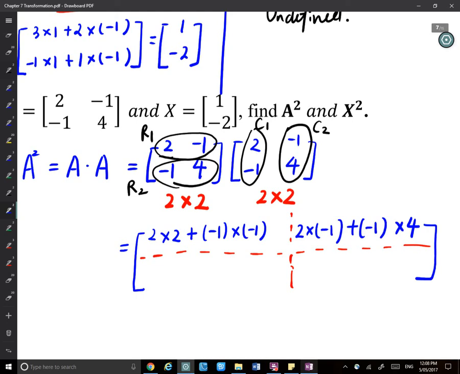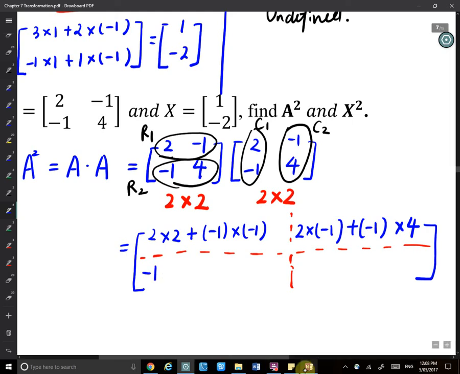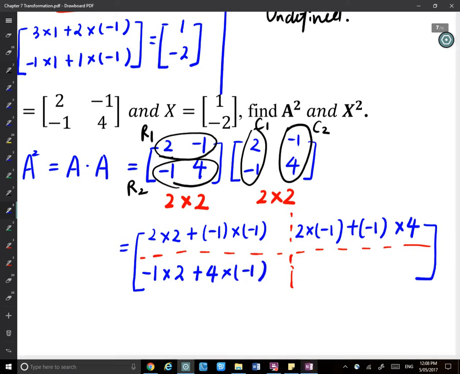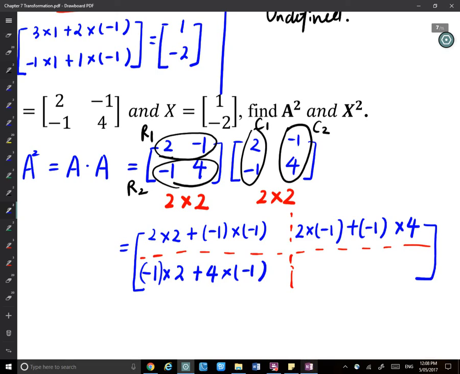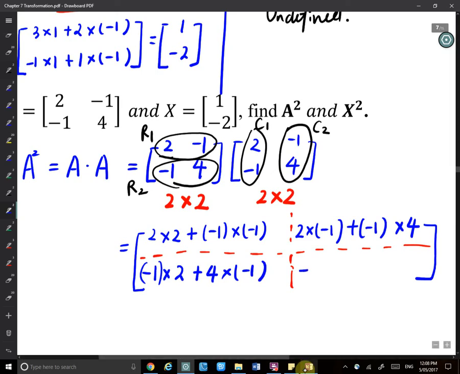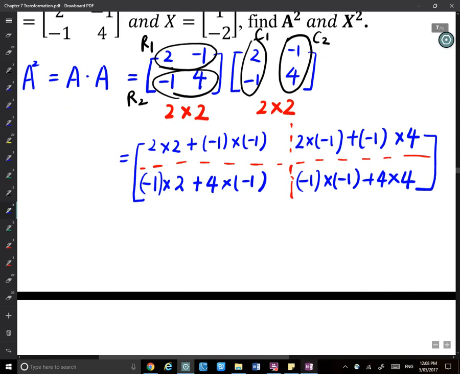Then you use row 2 times column 1. You have row 2 column 1, which is minus 1 times 2 plus 4 times minus 1. First times first, second times second. Last, you use row 2 times column 2. So minus 1 times minus 1 plus 4 times 4. Okay, that will equal 4 plus 1, which is 5.